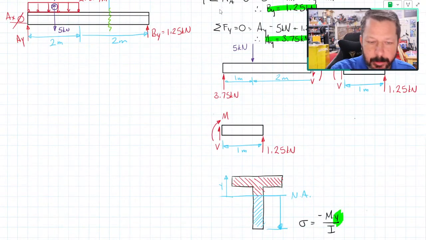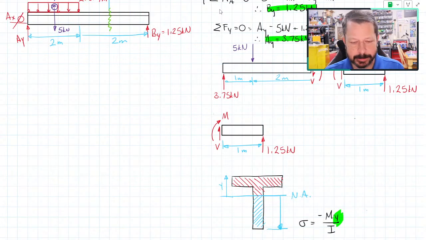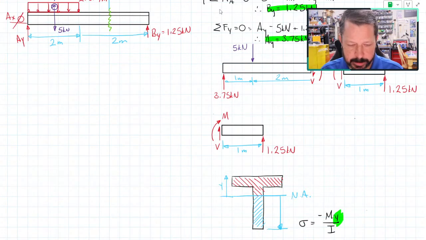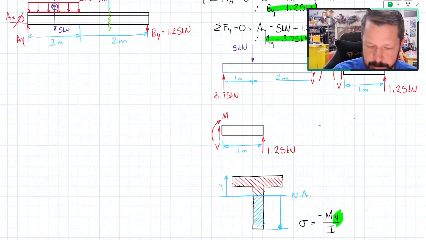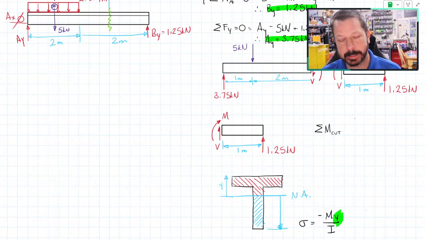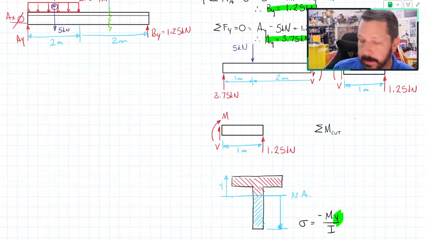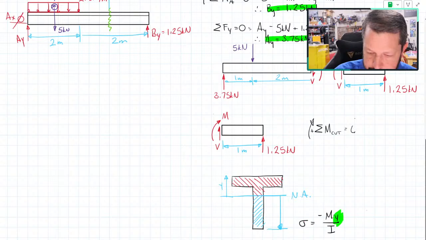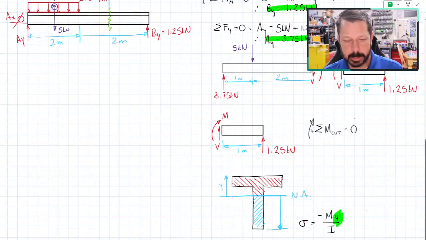Now, all of that, what we really have to do to solve this is we go back to our little free body diagram, with the M and V and the 1.25 and the 1 meter, and we do summation of moments about the cut. I usually do the cut. That's usually the best place to do for these little beams. I'm writing my own equation, so I can do clockwise positive if I want to, equals 0.